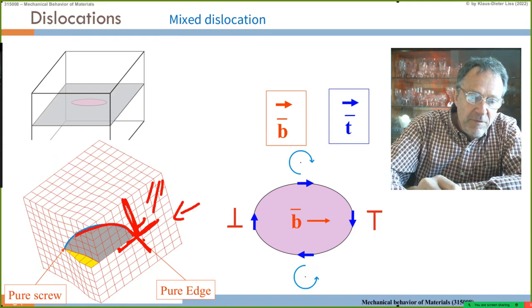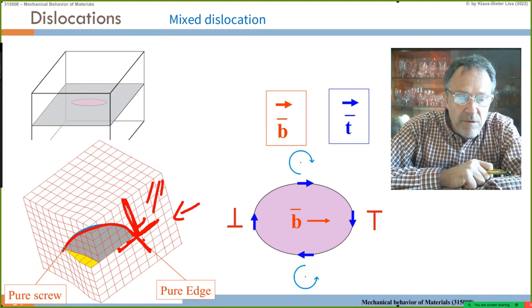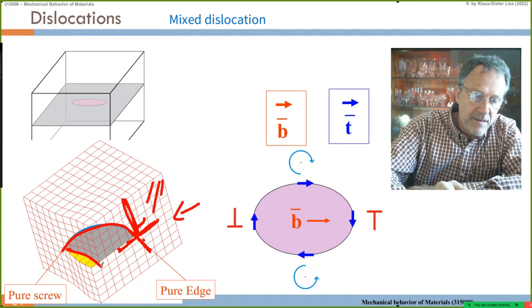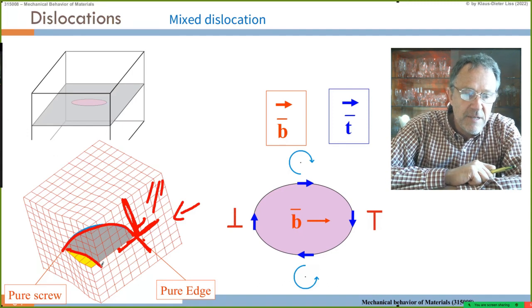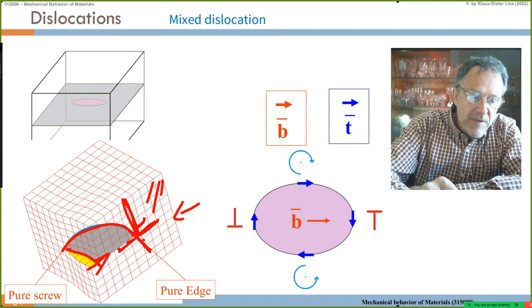While if we rotate 90 degrees, we go to the pure screw dislocation. Yeah, it's like cutting the crystal along this plane and then shifting it by this yellow shaded Burgers vector. So that's all the character of the pure screw dislocation. Burgers vector is the same.